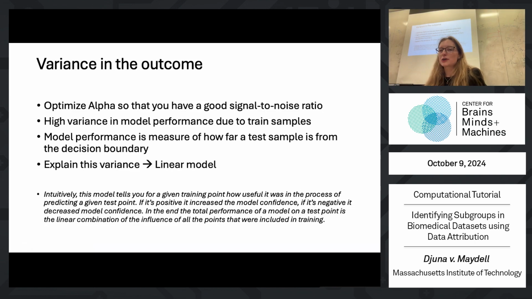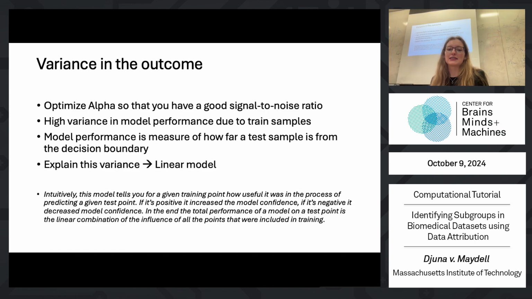So when we are training all of these several thousands of models, for every model we're subsampling, according to our alpha, some of the training set, we're training that model, then we're evaluating that model on every sample in our test set. And the variance in the outcome is really, is the model correct in its prediction, but also how confident is it in its prediction?